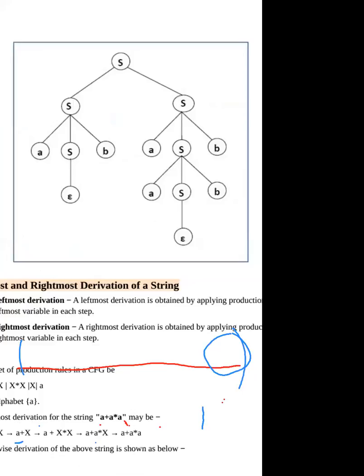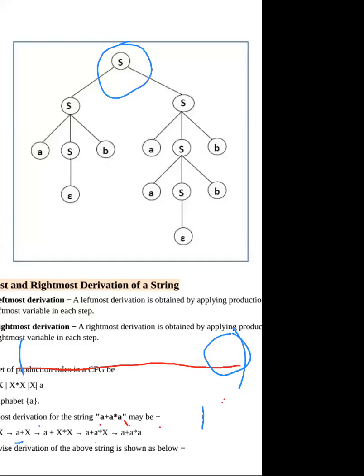Firstly we write the start symbol, S. What was our next derivation? We replace S by SS. So this S is replaced by S and S. Just draw two branches. First branch S, second branch also S.